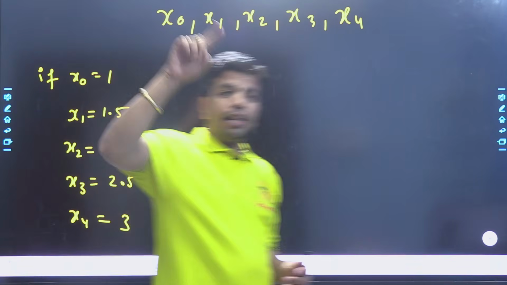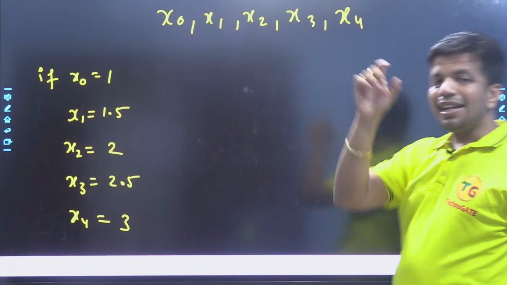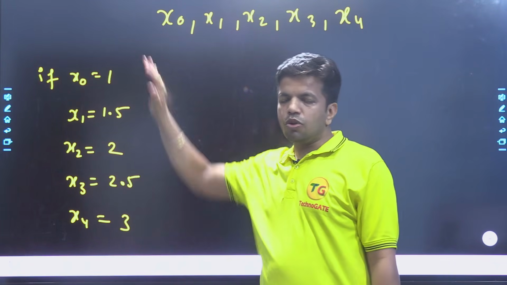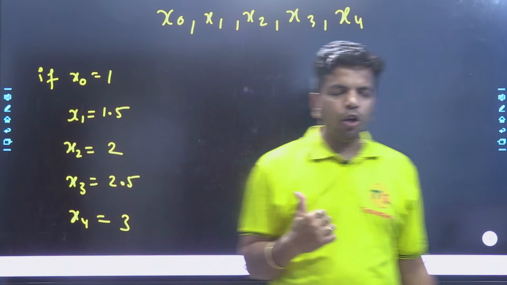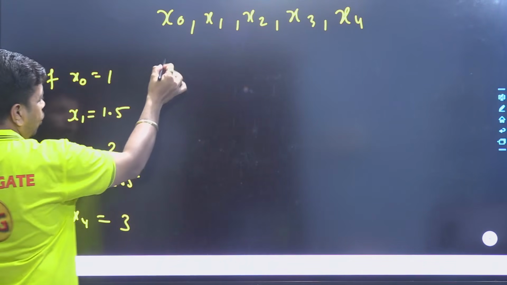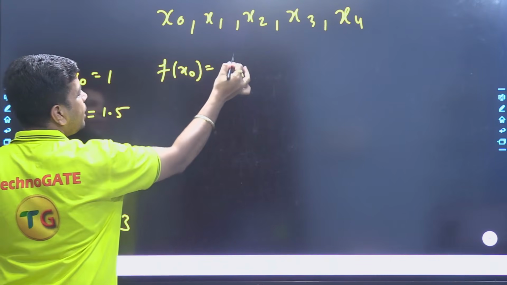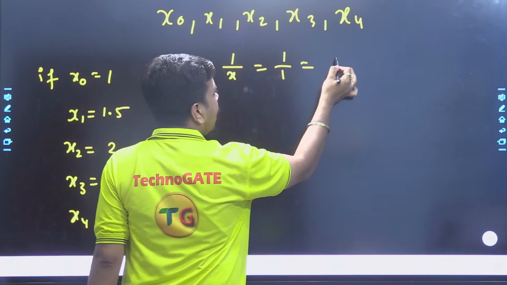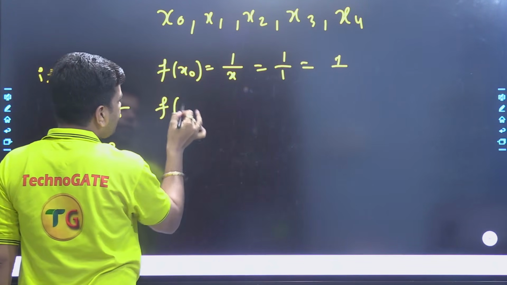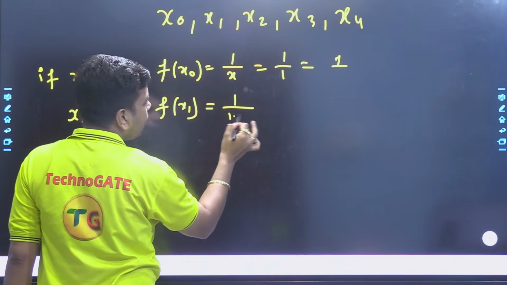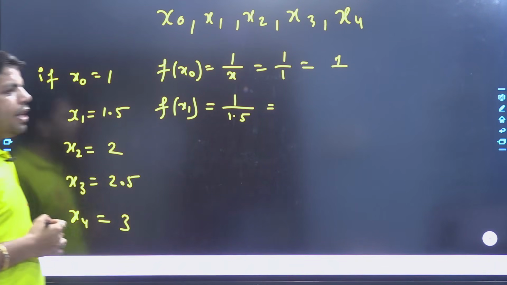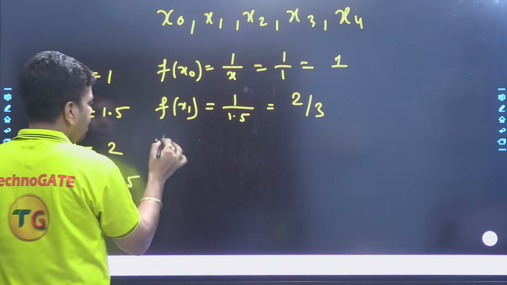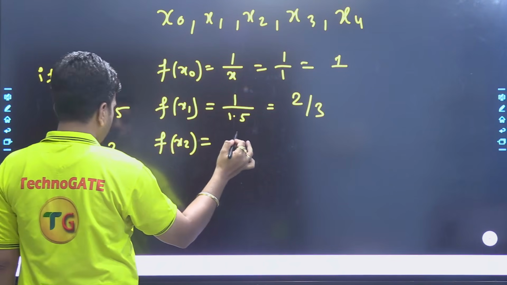As we know, the integration we need to do is from 1 to 3 and the step is 0.5. So one step is 0.5 and we can go up to 3. So a total of 5 different points are there. I hope that point is clear to you. Okay, now we need to compute the value of f(x0). We know that it is simply 1 by x, so in place of x you are putting 1. So 1 by 1 becomes 1. Now f(x1) is 1 upon 1.5, which becomes 2 by 3. f(x2) is 1 by 2.